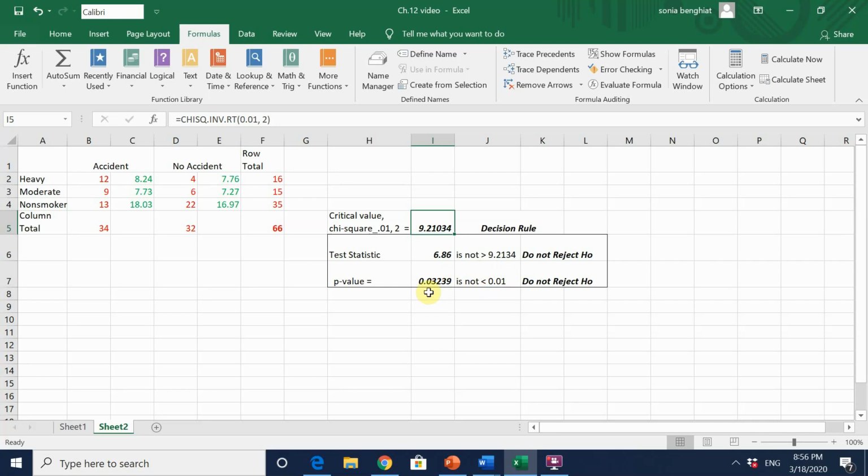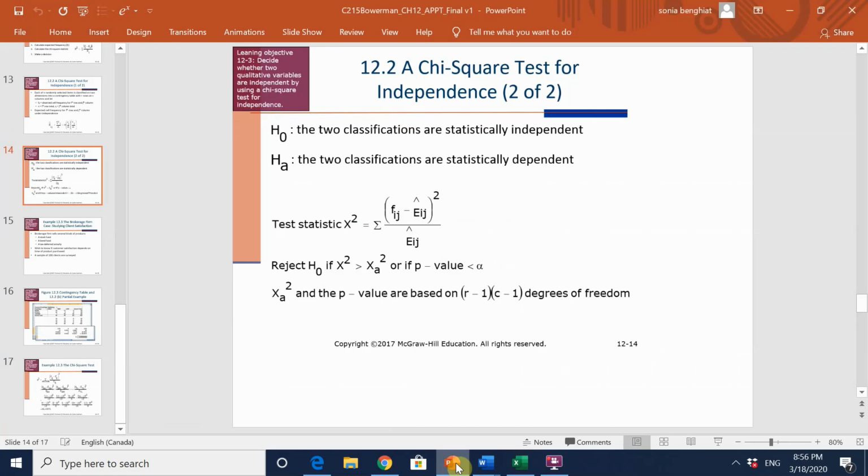So 0.03 is in fact not less than the level of significance of 0.01. And hence, again, I do not reject the null hypothesis. Once again, very quickly, I want to show you the decision rules stated right here. So we see the decision rules are stated right here, and that is how we come up with the same conclusion, regardless of the approach that I'm using.